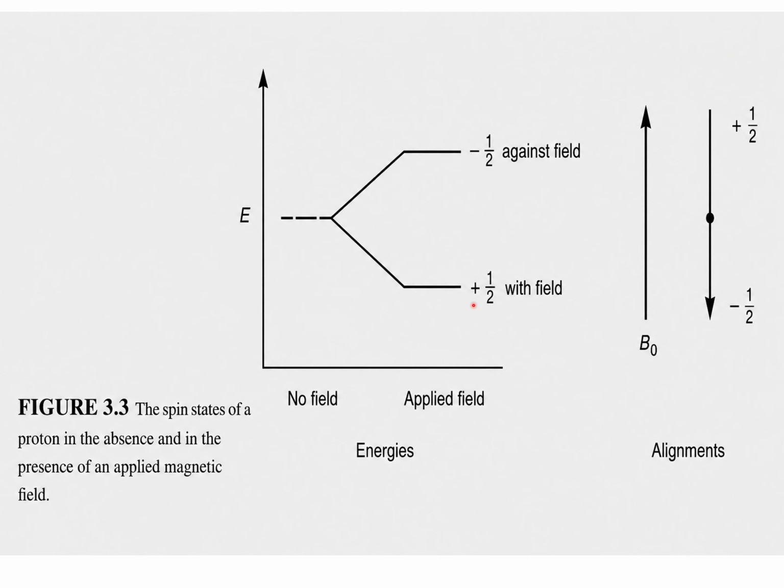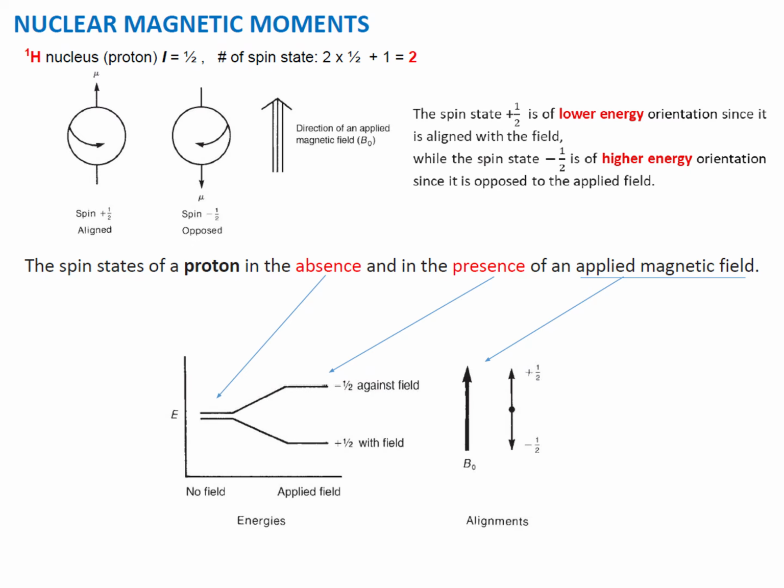Plus half is for with the field and minus half is for against the field. So you can see the applied field, B naught, which means the applied magnetic field. So plus half is for lower energy and minus half is higher energy.